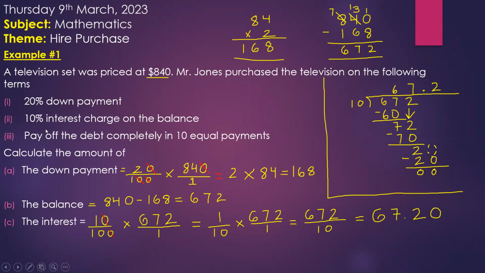He's going to pay the down payment and the interest, and then he's going to pay the debt off completely in 10 equal payments. So he has to pay his balance in 10 equal monthly payments. So that's the same thing. $67.20. I don't know why they asked that question.